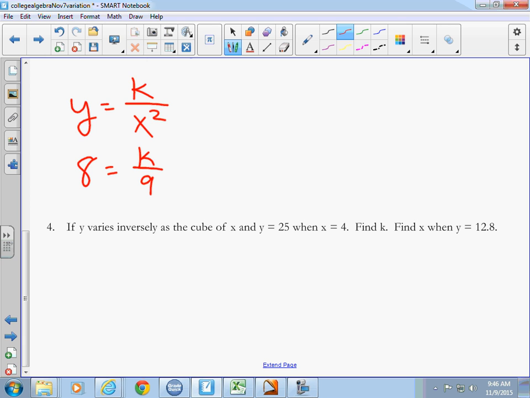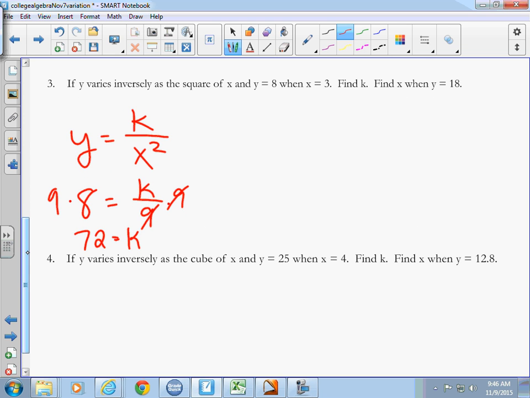How'd you get that? Multiply. Remember, when you're undoing division, we're going to multiply both sides by 9 to get rid of the 9s. Good so far? Nice. Good question. So I get y equals 72 over x squared.